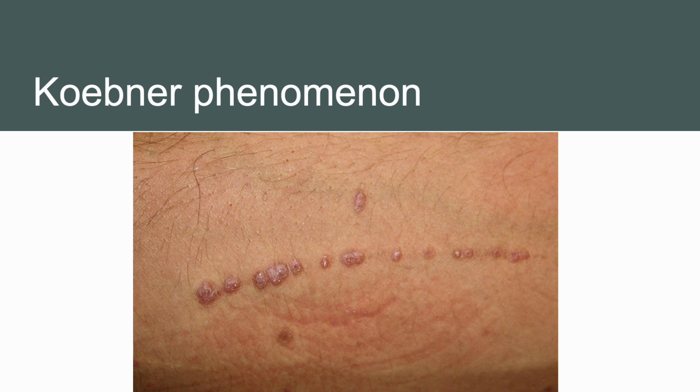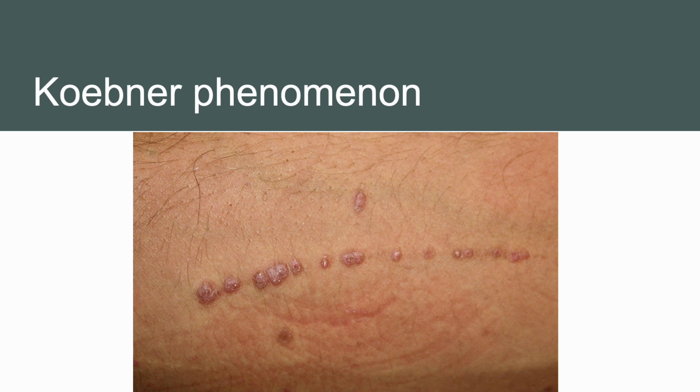The Koebner phenomenon, also known as the isomorphic response, refers to the appearance of new skin lesions on previously unaffected skin following trauma or injury, such as a scratch, surgical wound, or sunburn, in patients with certain skin diseases.